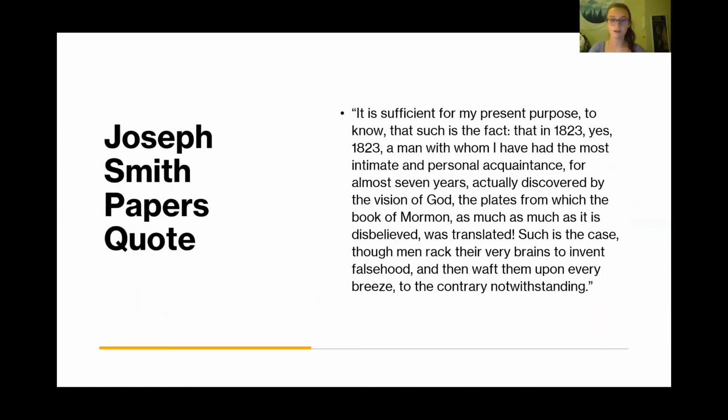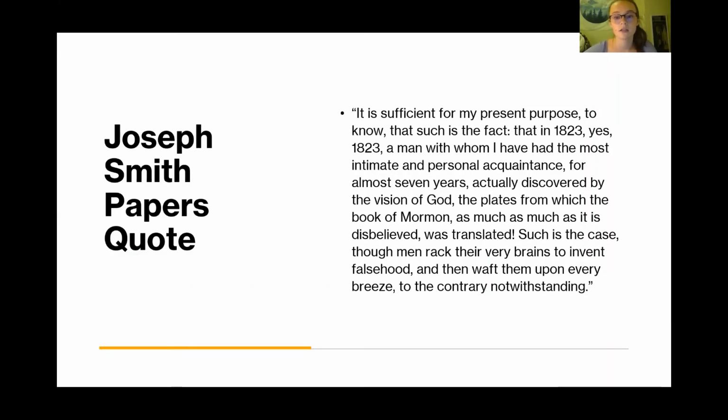This quote was from Oliver Cowdery. It says, "It is sufficient for my present purpose to know that such is the fact that in 1823, yes, 1823, a man with whom I have had the most intimate and personal acquaintance for almost 7 years actually discovered by the vision of God the plates from which the Book of Mormon, as much as it is disbelieved, was translated.